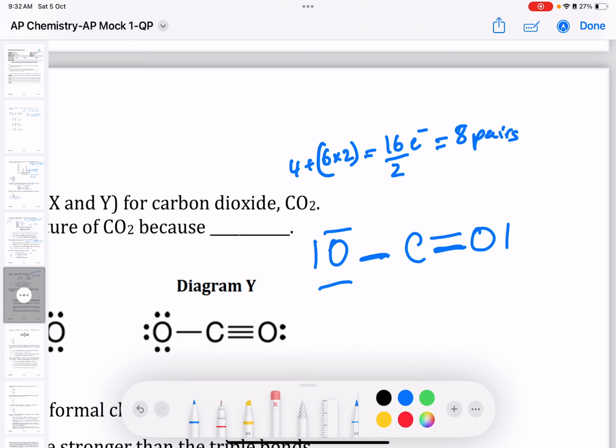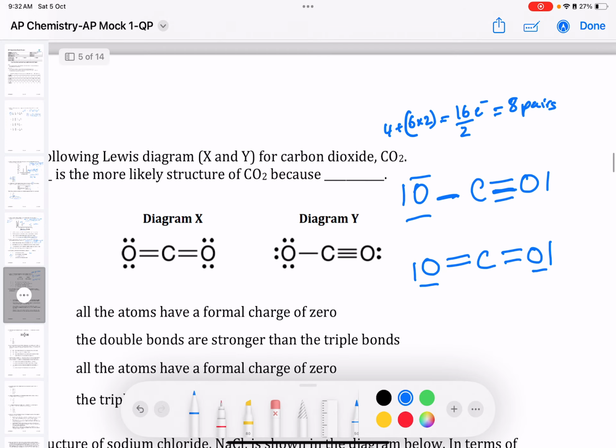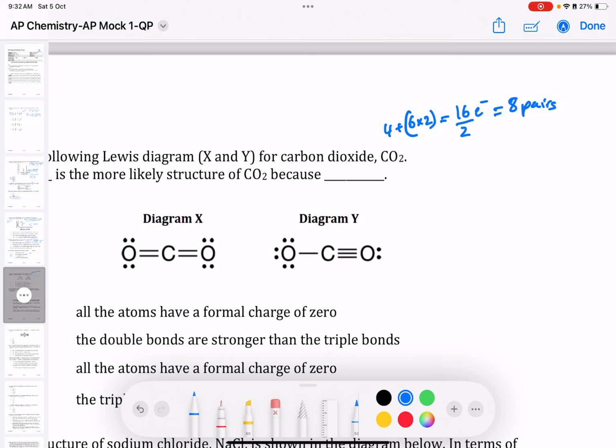We can remove 2 pairs from one of the terminal atoms and place them as a common pair between C and O, or we can take 1 from this side and 1 from the other terminal. That's why we have 2 diagrams, X and Y. Now the formal charge will help us determine which one is the best. So how do we do that? We need to calculate the formal charge.